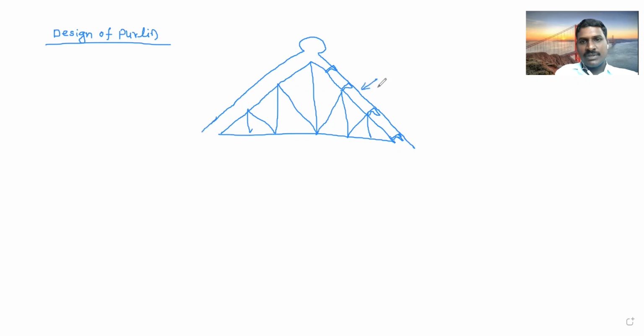This is your AC or GI sheet, and these are the purlins. So these purlins are along the length.